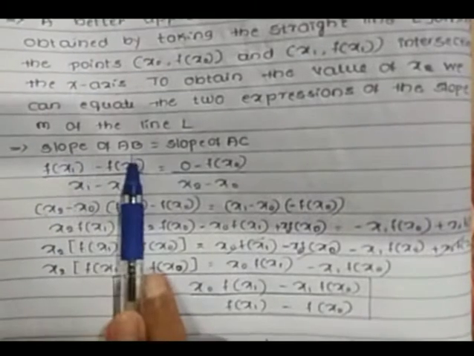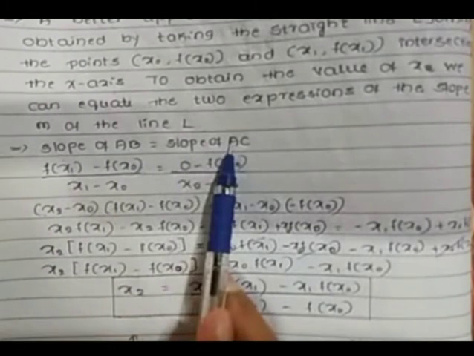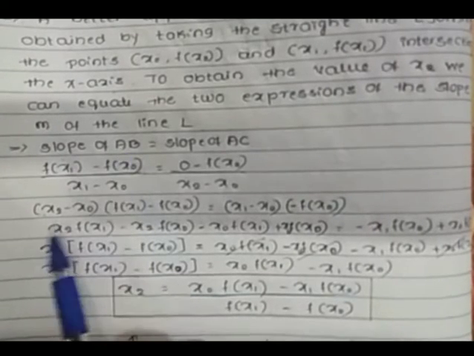So using that concept, further calculation we can simplify here. Now to calculate the slope of any two given points, we have y2 minus y1 divided by x2 minus x1. Now for the slope of line AB, how can we consider it?